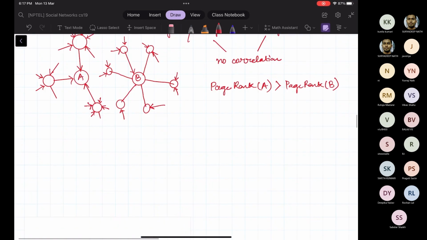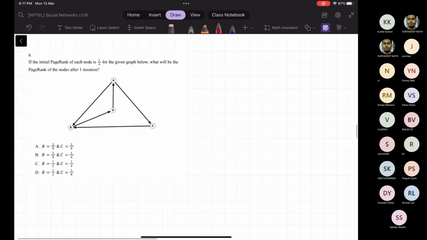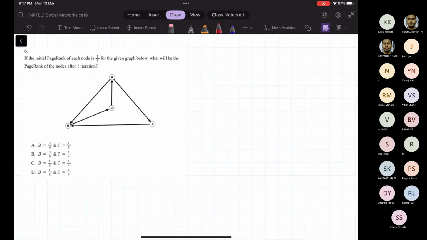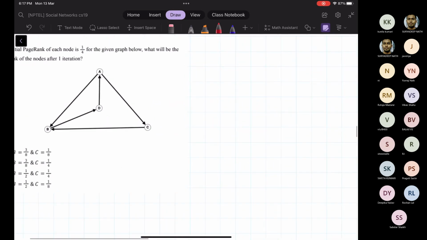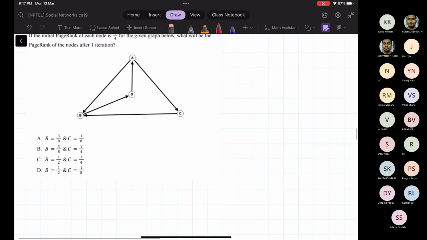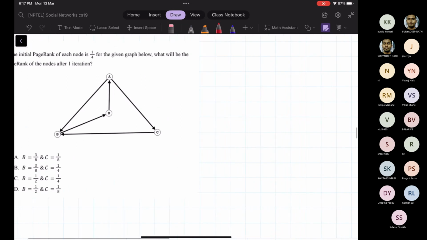Okay. Moving on to the next question, question 6. The initial page rank of each node in this directed graph is 1 by 4. What will be the page rank after one iteration? The page rank was initially 1 by 4. Let us draw it.